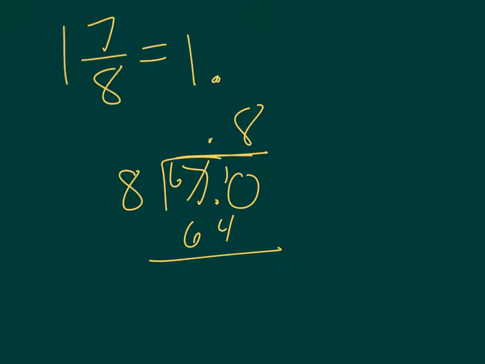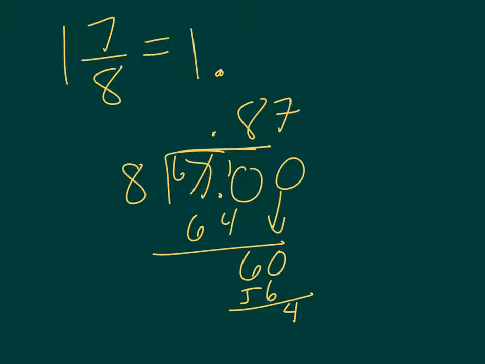So 70 minus 64 is 6. Bring down another 0. 8 goes into 60. Can you guess? How about 7 times? 8 times 7 is 56. You've got a 4. I'm running out of room here, so let's move that up a little bit so you can see it better.